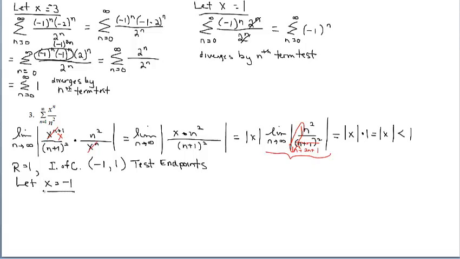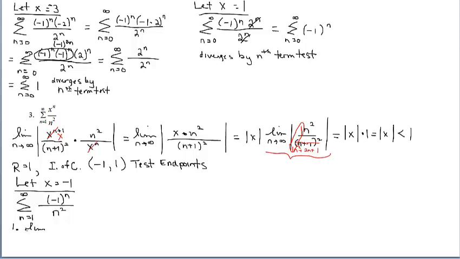I'm going to test the left endpoint first, so let's let x equal -1 in the original series. So that power series becomes a series of constants. If x is -1, we have -1 to the n over n squared. So this looks like an alternating series, so we would apply the alternating series test here.